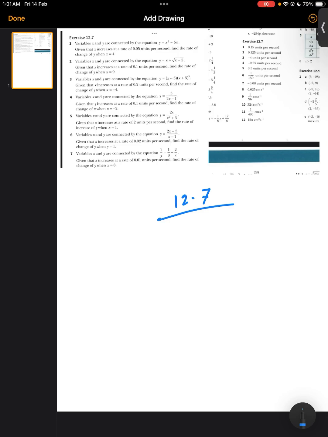Before getting started with 12.7, I would like to introduce a formula for you guys.